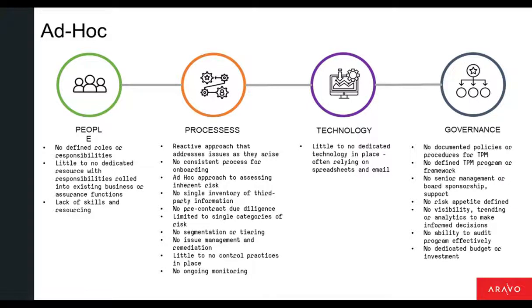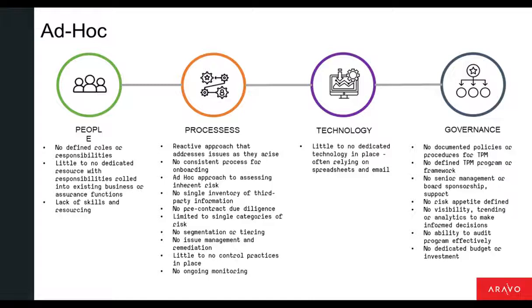So organizations at the ad hoc stage are really challenged when it comes to properly managing third-party risk. They don't have anyone focused on third-party risk management. Few, if any, resources are allocated to third-party governance at this stage. Processes tend to be pretty ad hoc and reactive.